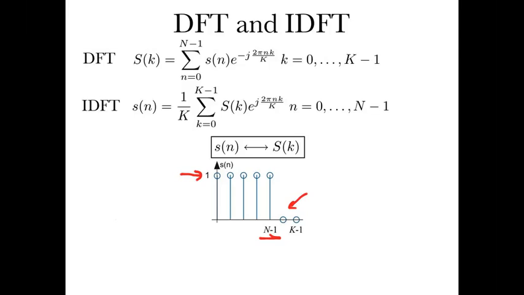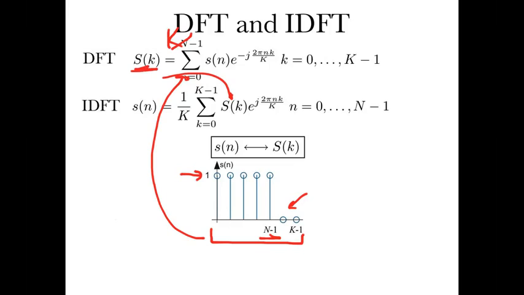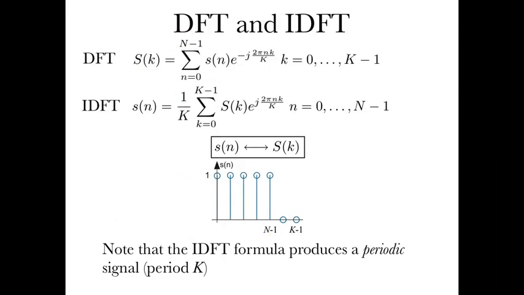And I now take this signal and put it into this formula. I'm going to change that to a capital K like I did before, and I will get back a spectrum. If I take the results of that computation and put it into that formula, I will get back the original signal exactly.